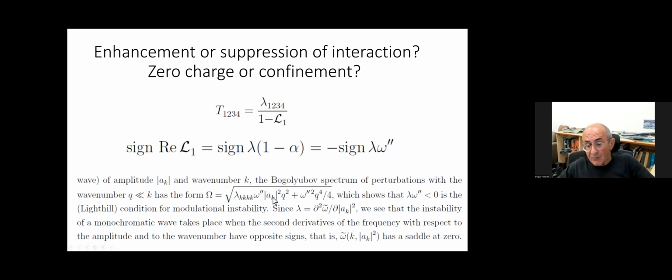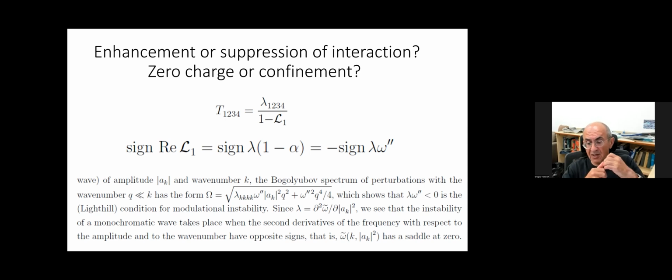But this is a criterion for a single wave. And here it's a very integral criterion. In a sense, you need to take this parameter and weight it by the turbulence spectrum, which is a power law, and integrate. And generally lambda is a sign-changing function. So in every particular case, it will be a complicated and very interesting study to find out the sign of this effective coupling.